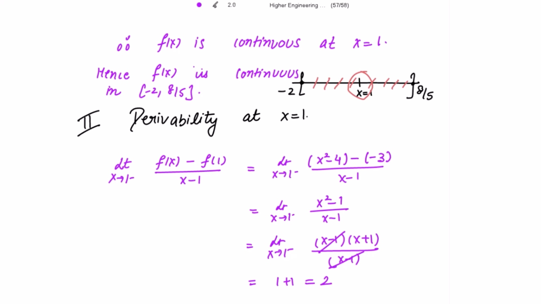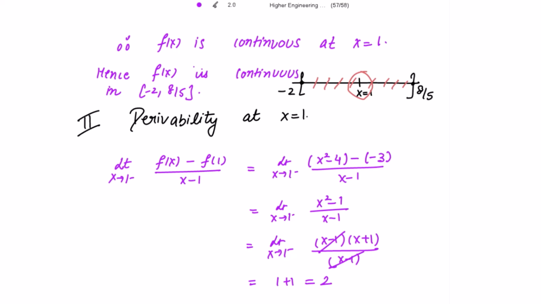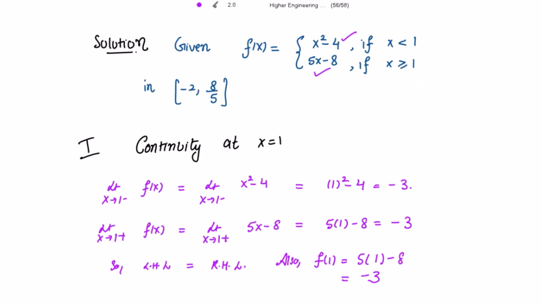And now finding out the right-hand derivative. This is [f(x) − f(1)] divided by x − 1, equal to limit x tends to 1 plus. For the values of x strictly greater than 1, and also for the value of x equal to 1, we have to use this function.